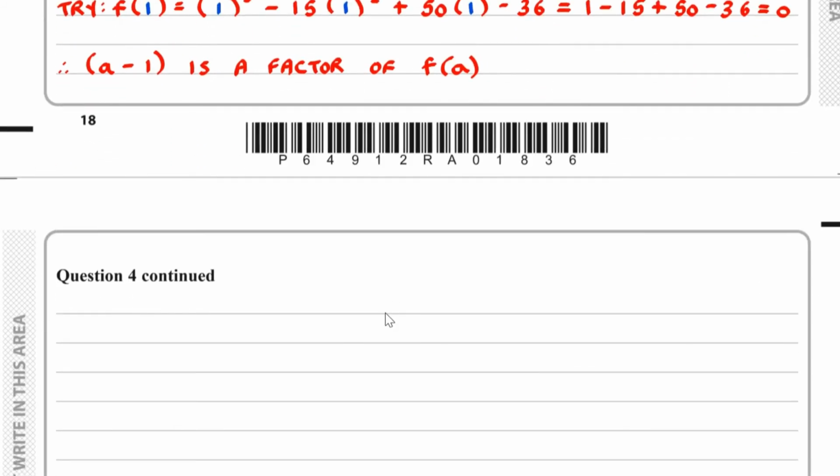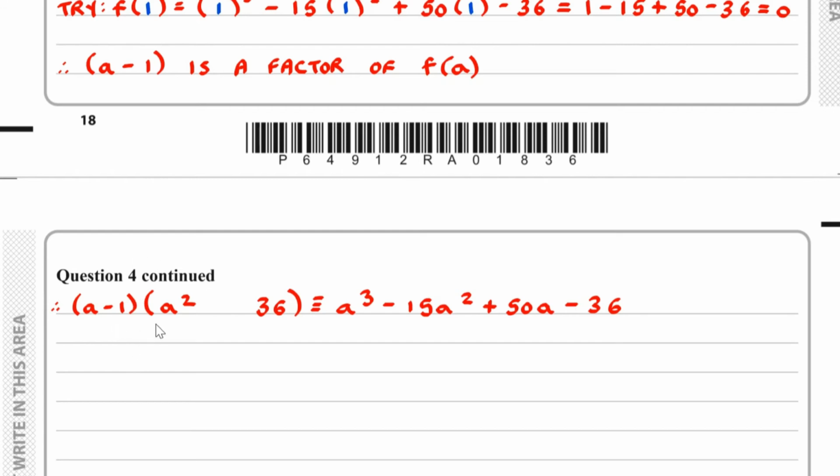So if that's the case, we have a minus 1 multiplied by a squared plus an a term plus a constant term, which will equal a cubed subtract 15a squared plus 50a subtract 36. Well, 1 times 36 gives negative 36.